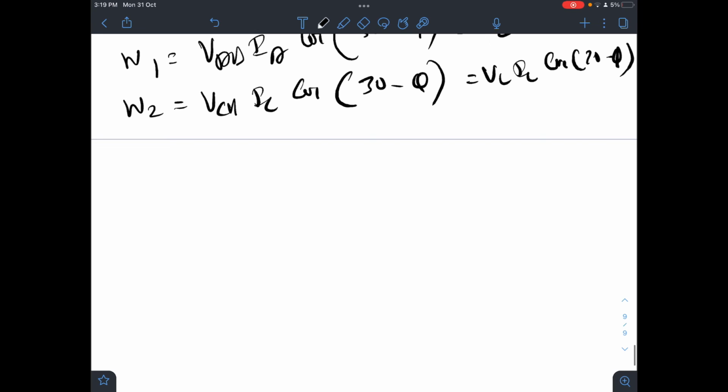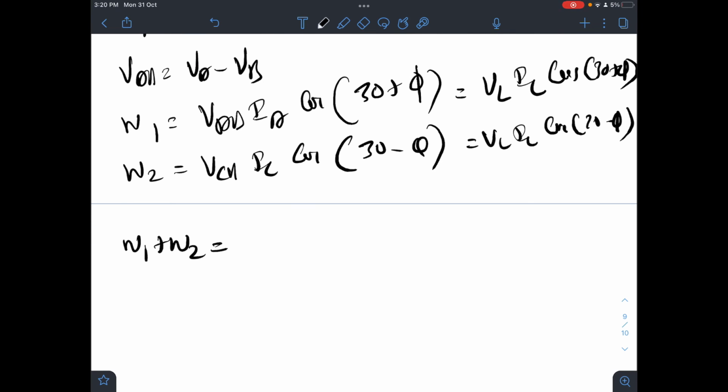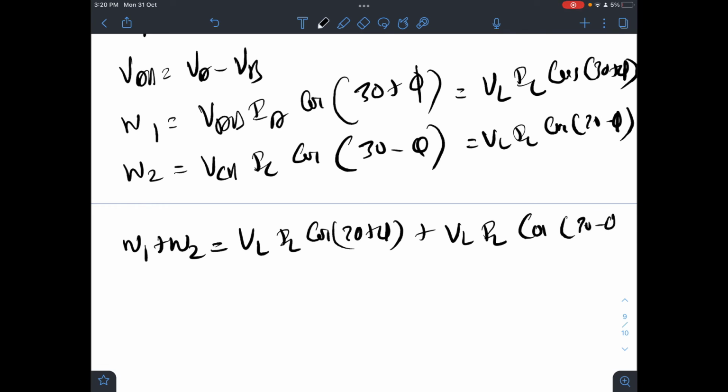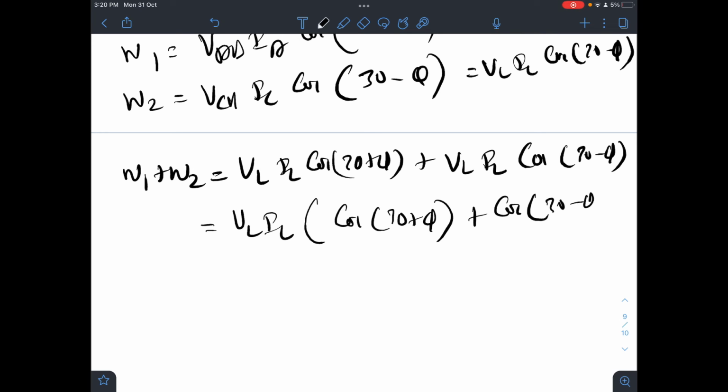I have already told you that W1 plus W2 is going to be equal to the three-phase power. So let us prove that here. If I add W1, VL IL into cos of 30 plus 5, and W2, VL IL into cos of 30 minus 5, it becomes VL IL into cos of 30 plus 5 plus cos of 30 minus 5.